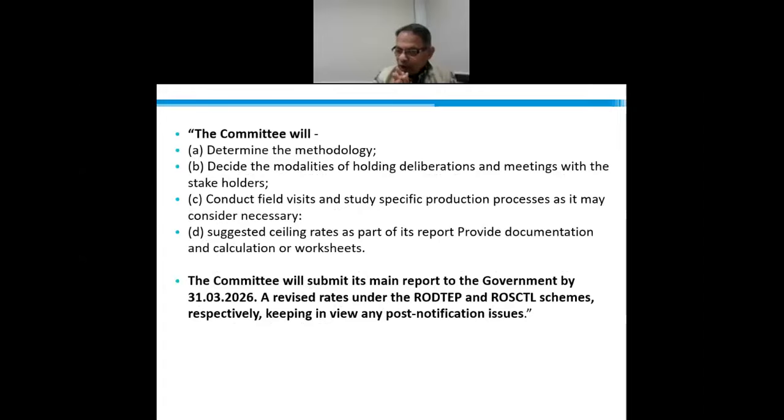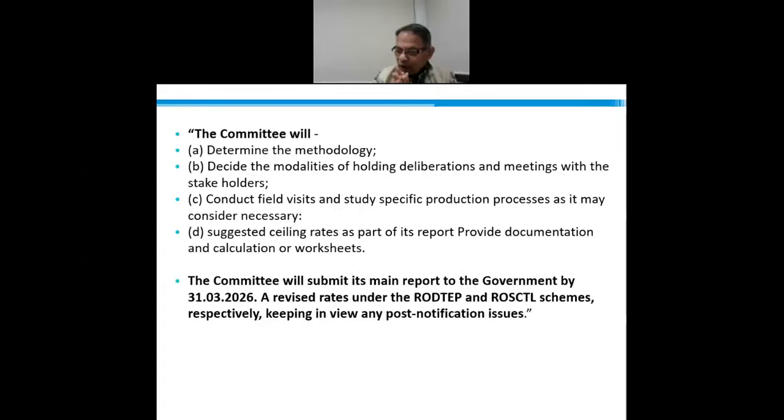Suggested ceiling rates as part of the report, provide documentation and calculation or worksheets. The committee will submit its main report to the government by 31/3/2026. Revise rates under the RoDTEP schemes respectively, keeping in view any post-notification issues. So this will be applicable for 26-27.